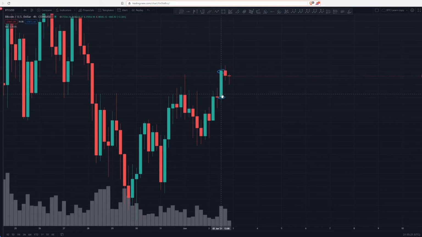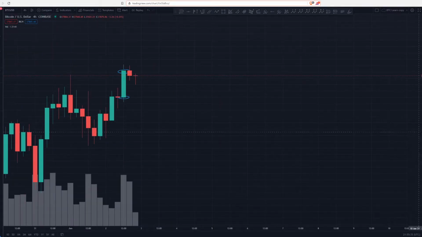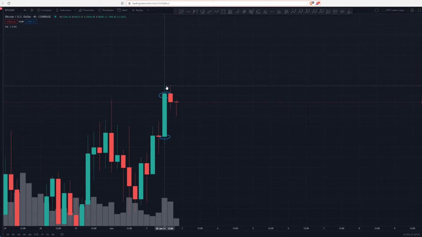In this candle right here, a green candle means price went up. The open is always on the bottom part of the body, and the close is always the top part of the body. The solid part is the body. The little lines, we call them wicks, or sometimes in traditional land they call them shadows. On a green candle, the open is the bottom of the body, the close is the top.